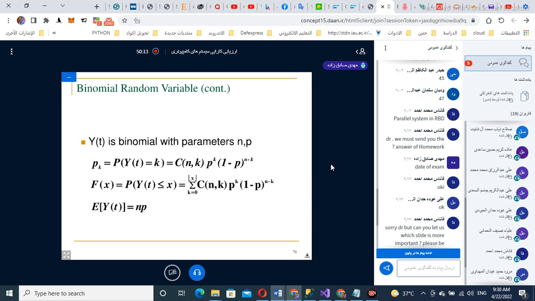And F(x), big F of x, that is probability of Y(t) less than or equal x, that is summation of k equals 0 to x, combination of k from n, p exponent k, multiply (1 minus p) exponent n minus k. And the expected value of Y(t) is n multiply p. p is probability of success, and 1 minus p is probability of failure.